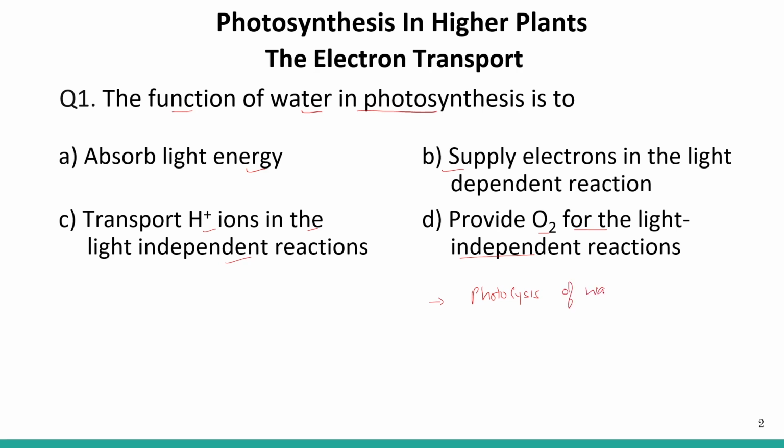Okay, so photolysis of water takes place where? What is the site? It takes place at the photosystem 2. This is the site of the photolysis of water. Why? Because the water harvesting complex is present here, at photosystem 2.